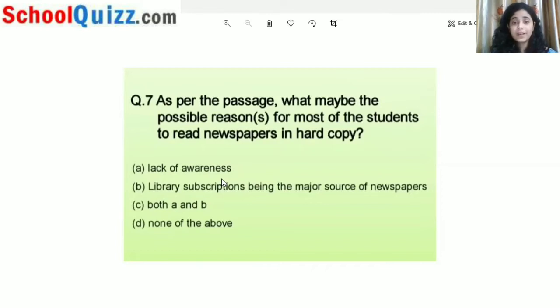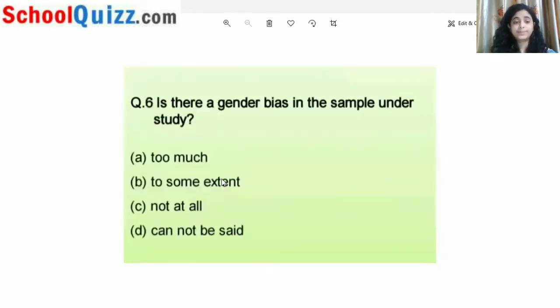First, lack of awareness, because I gave you an assignment to find out the online platforms where we can read newspapers. Maybe you were not aware before, so the general reason will be lack of awareness. And library subscription being the major source of newspapers, because you are getting the newspapers in the library. Why would you search for it online? So it's both A and B. The correct answer is C.